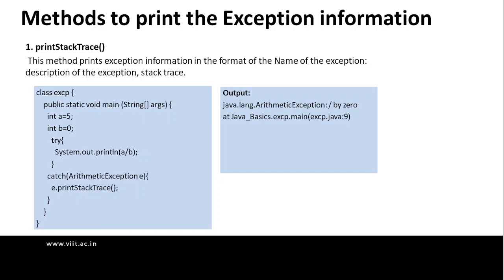So now, methods to print the exception information. Once an exception occurs, that information will be available in the exception object, and on the exception object these methods can work.